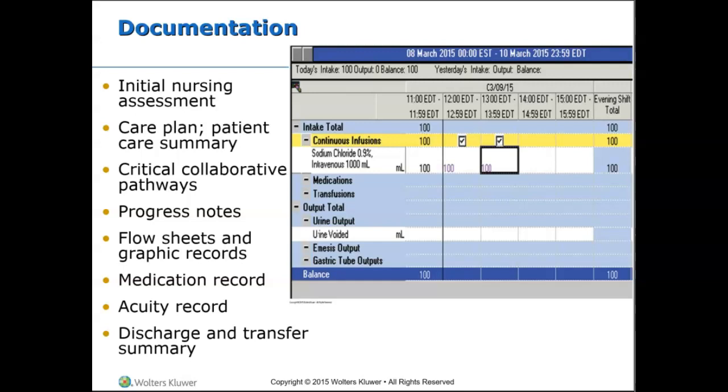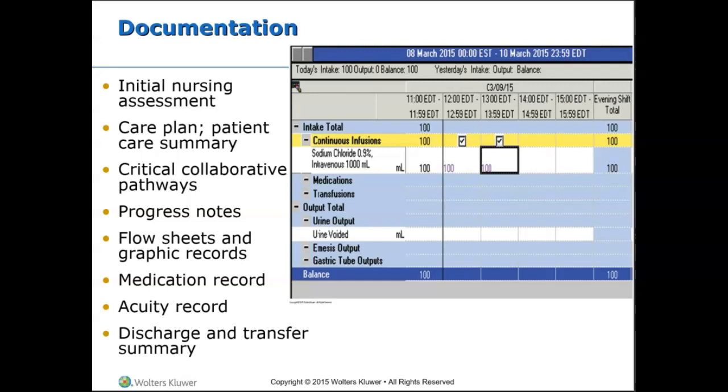It should be completed when a patient is transferred internally or to another facility or they're discharged home. This may be a multidisciplinary form. Forms are different for every organization. A discharge summary must contain several elements and is very comprehensive.